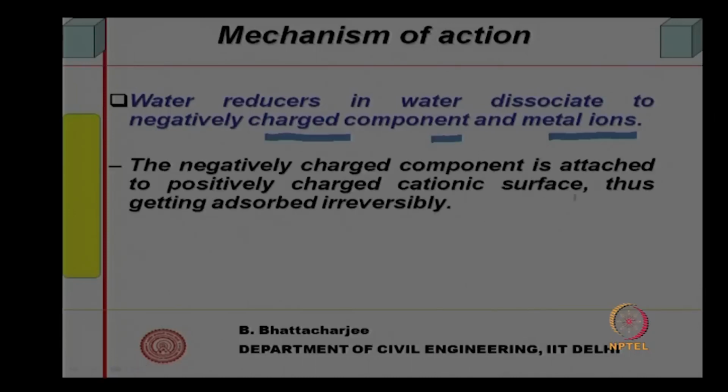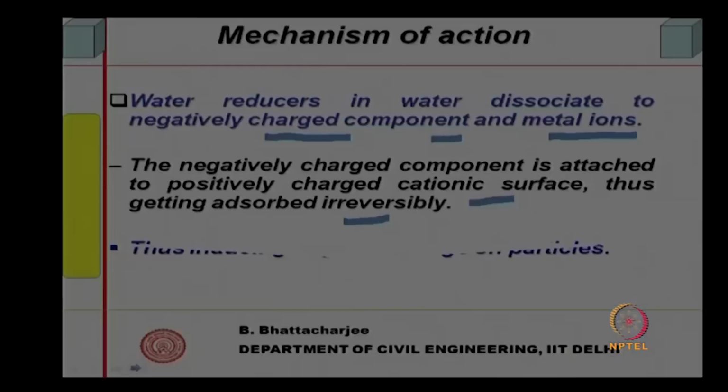This negatively charged component is attached to the positively charged cationic surface, because of calcium, aluminum, etc., and they get adsorbed irreversibly. The negatively charged sulfonated compound, after dissociation of the metal, gets attached to the cement particle.